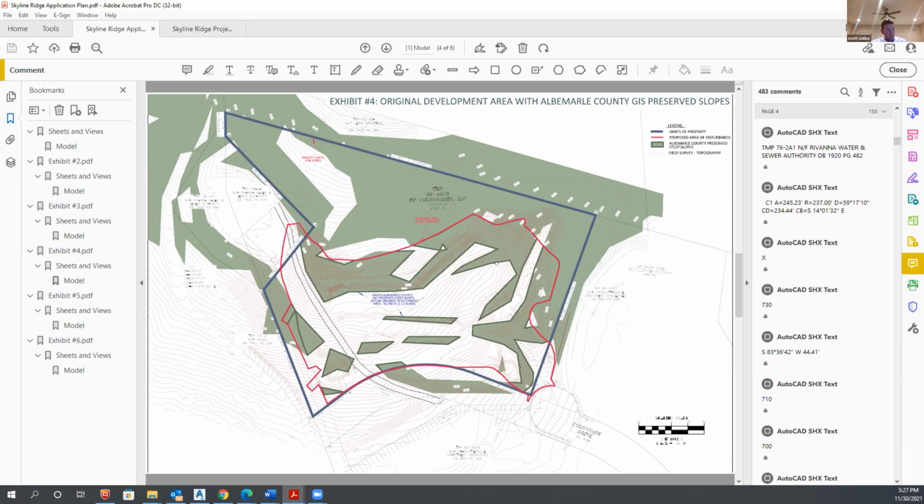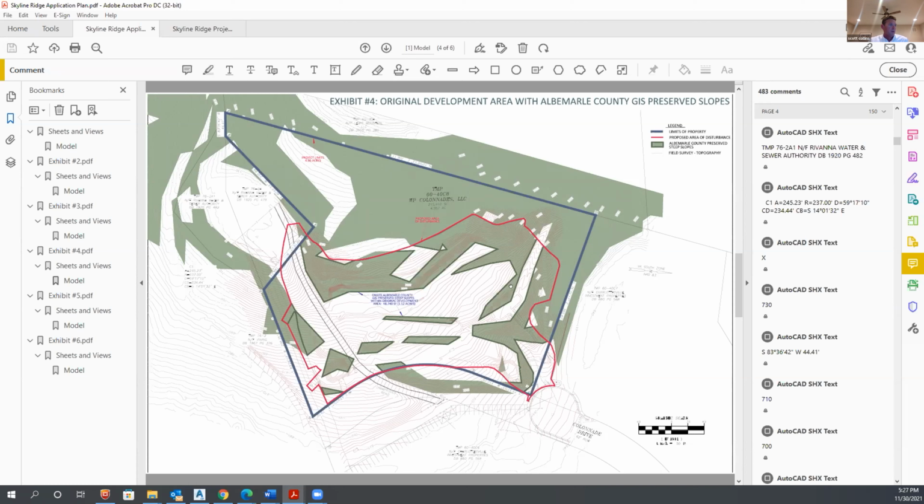As you remember, there were preserved slopes. There were critical slopes on the site that were impacted in 1997. Then they graded this site out, and then it got restabilized. But this grading that was left on the site when it got graded out created slopes that were greater than 25%. A lot of them were probably 2-to-1 slopes and 3-to-1 slopes.